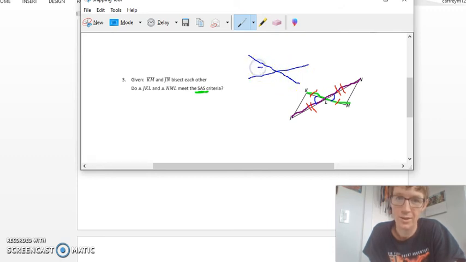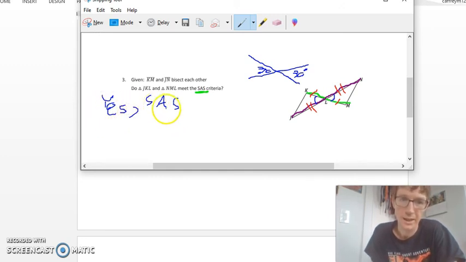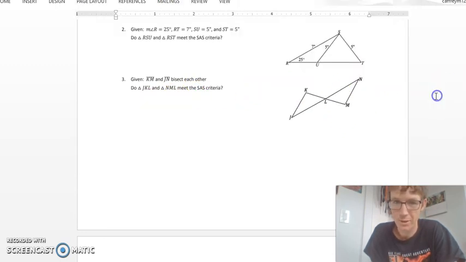So if this was 30 degrees, this over here would also be 30 degrees, no matter what. So this angle here has to equal this angle here. So yes, this is congruent by SAS. I'm going to say yes. So yes, by SAS.